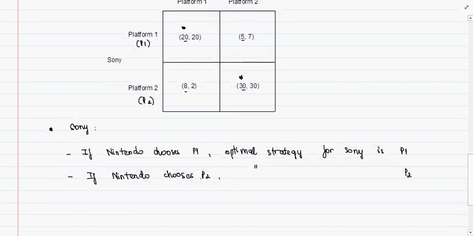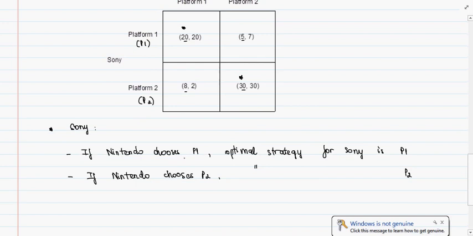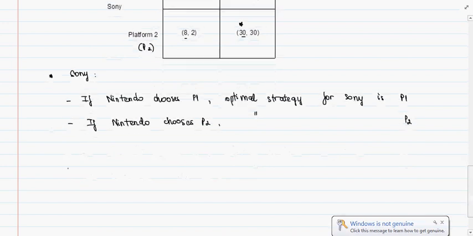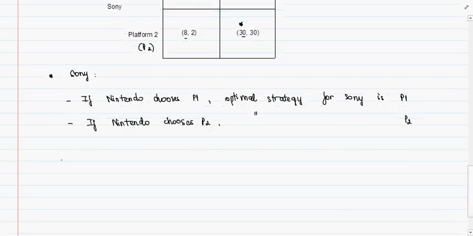As you can see, Sony was just following whatever Nintendo was choosing. They are going to choose exactly the same platform. This is called a coordination game because the two firms prefer to use the same platform.